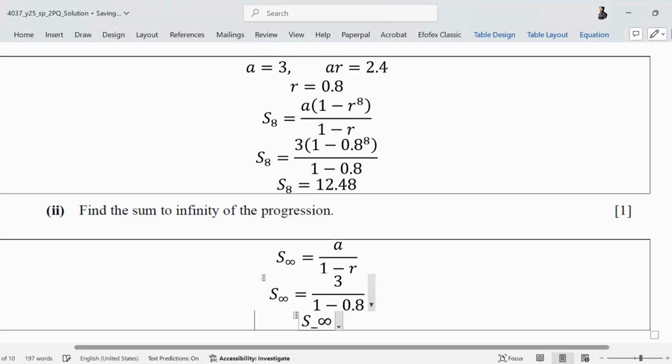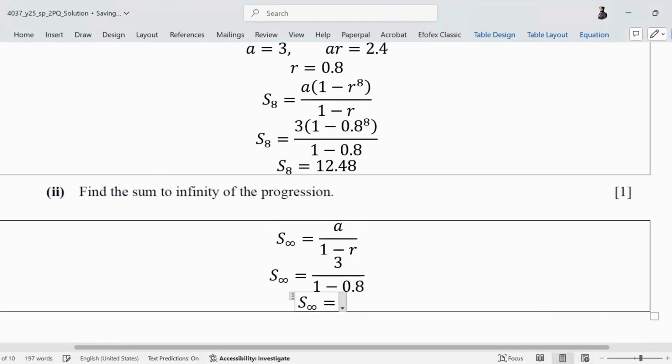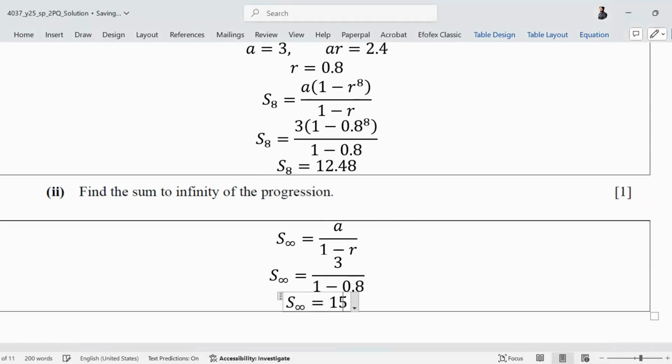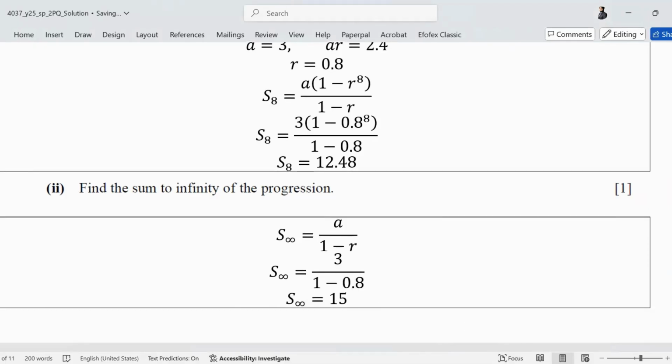So S infinity is 3 upon 1 minus 0.8, which is 15. That is the sum to infinity. Moving on to part 3.